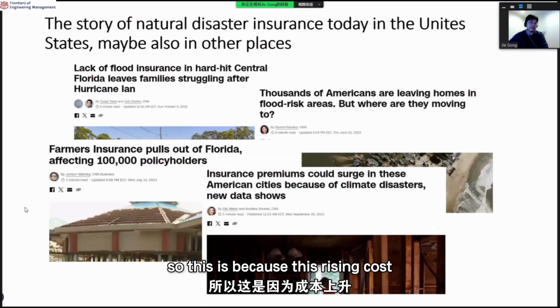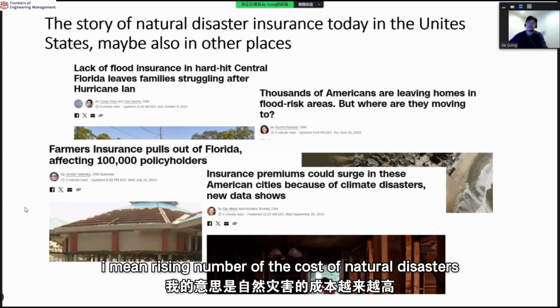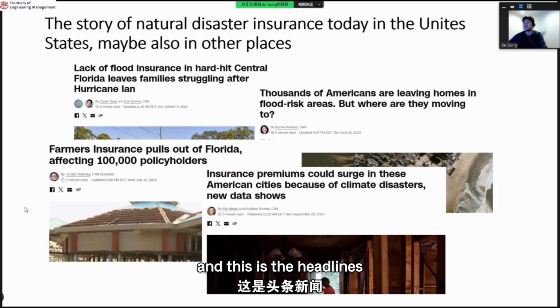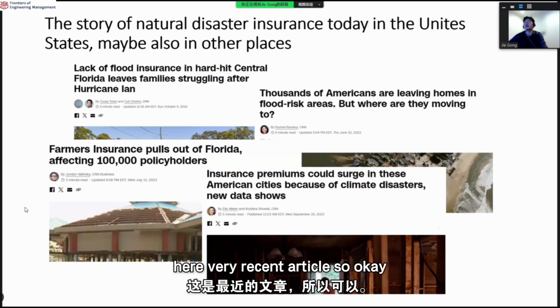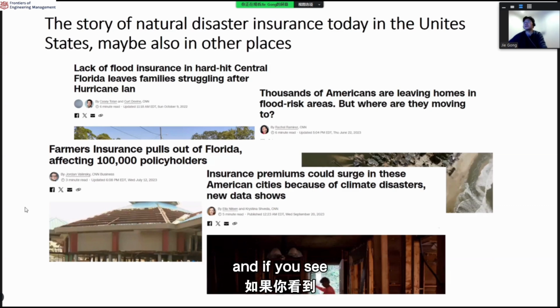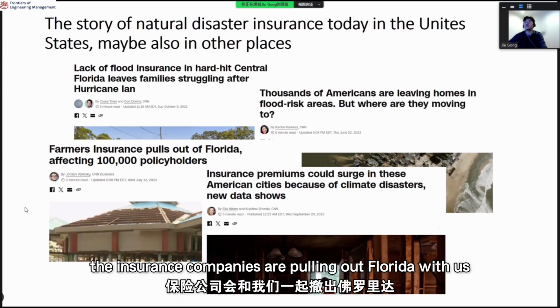So because of this rising cost, I mean the rising number and cost of natural disasters, this is the headlines I grabbed from some websites, very recent articles. Okay, and for major parts of the United States, the insurance companies are pulling out.